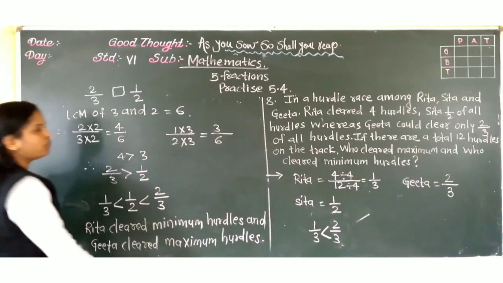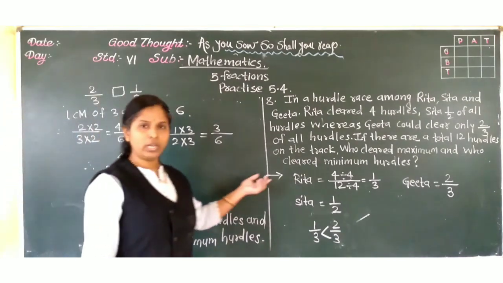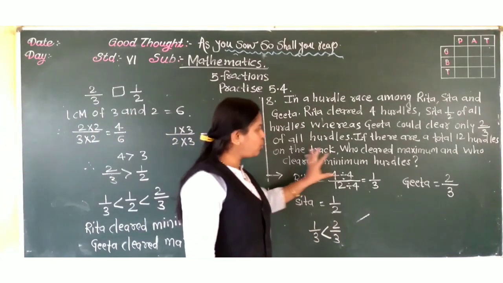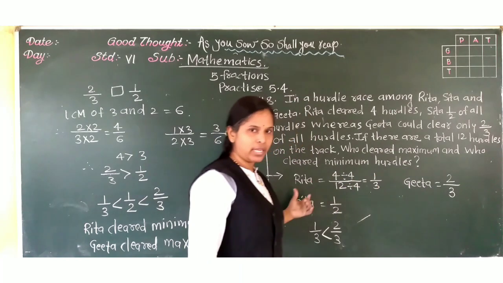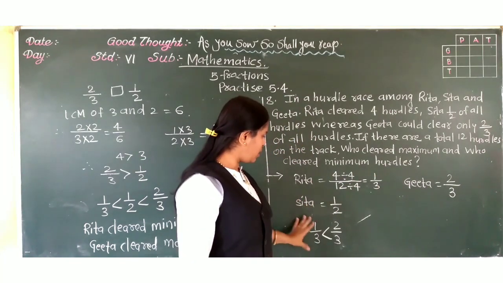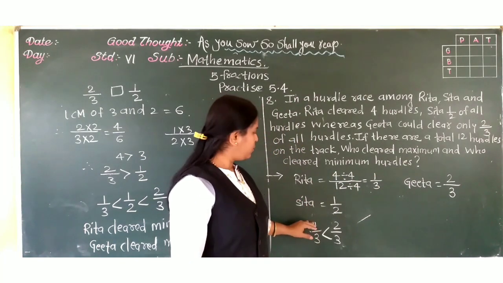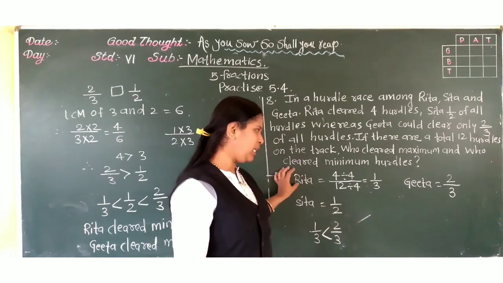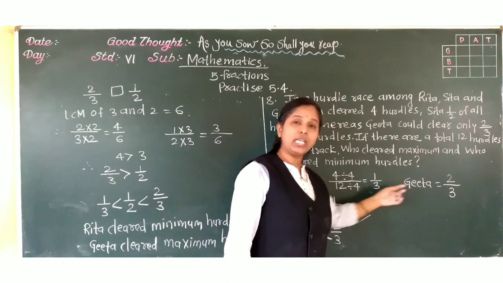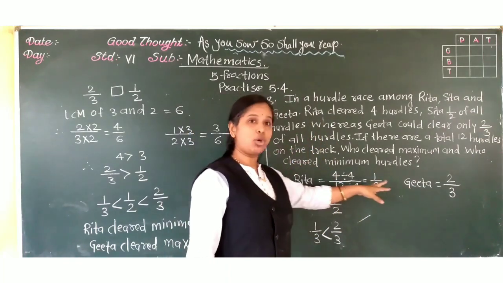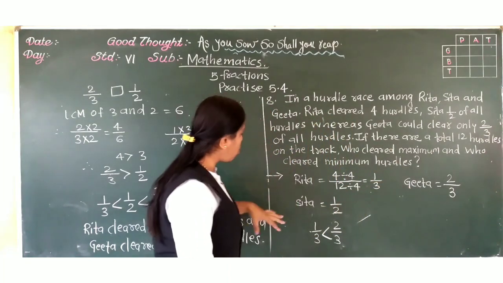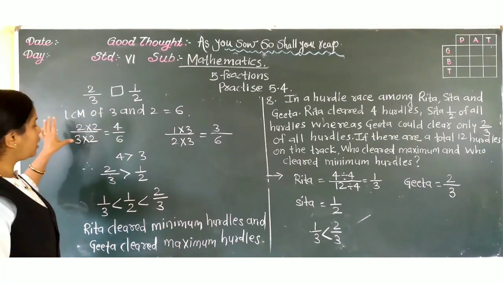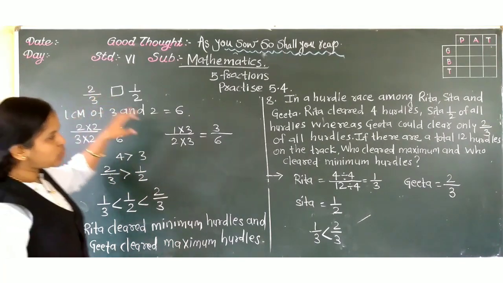What did we do? We only did comparison. Rita to Geeta we compared. In that, Rita is smaller, or 1/3 is smaller than 2/3. Means she cleared minimum compared to Geeta. Then we compared Geeta and Sita. In that also Geeta is the greatest. So see here, and these all.